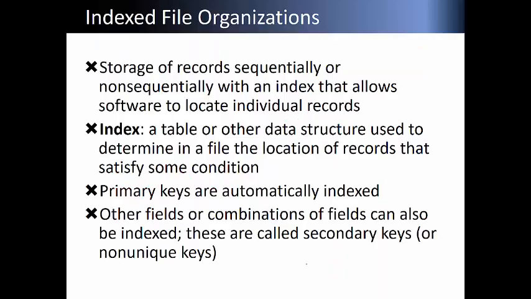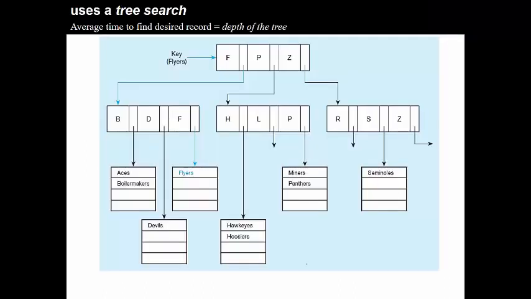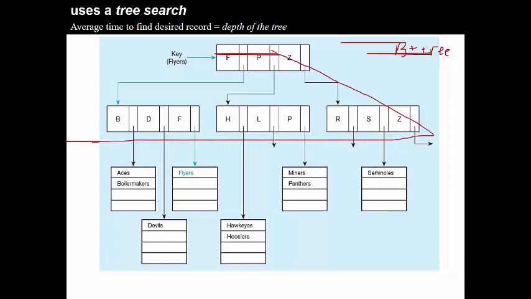But if you do it another way, for example, index file organization, we call this a B tree or B plus tree. This is a tree structure. As I said, this is a balanced data type, well structured.